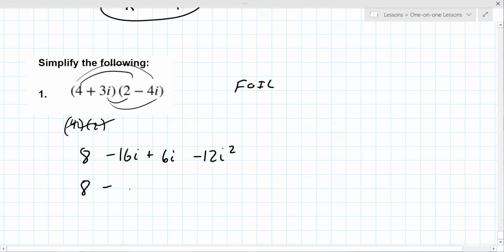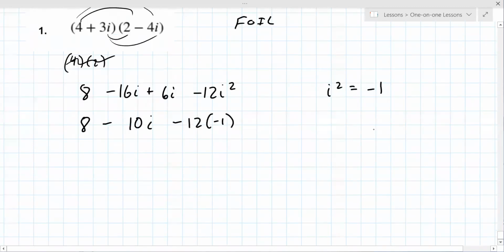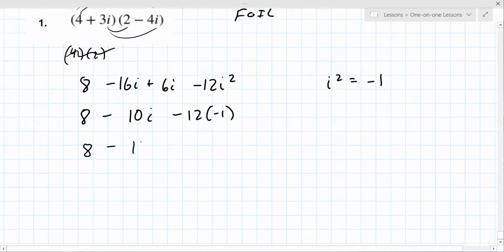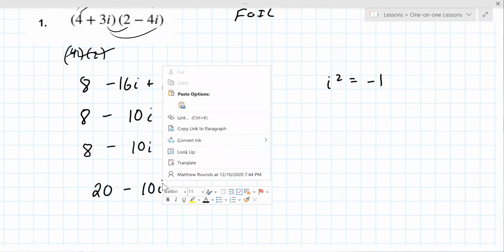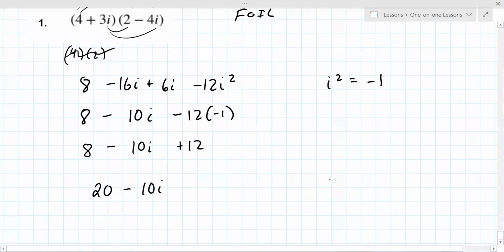At a minimum, you ought to get it down to this, but then we need to remember what i squared is. i squared is -1, minus 12 times -1, just substituting that in. So you get 8 minus 10i plus 12. The first and the last can now combine as 20 minus 10i. And let me know if you want another one like this to practice.